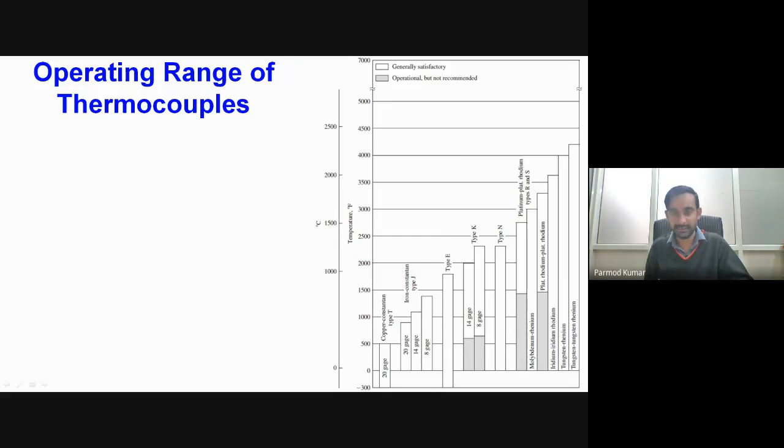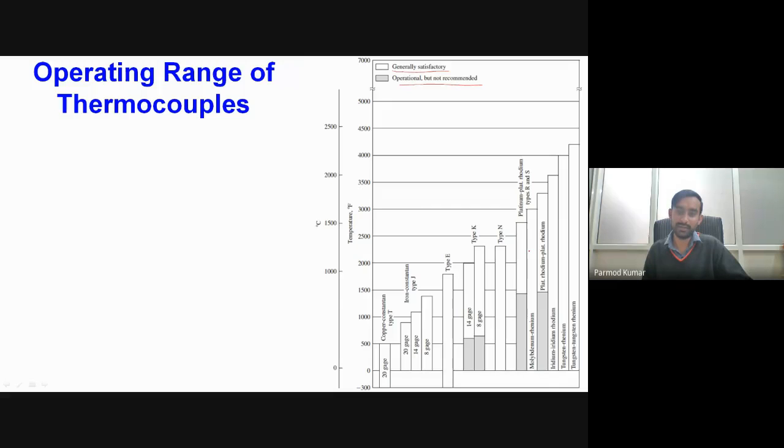You can see we have T type, J, E, K, the different types of thermocouples. We have given two types of ranges: one is generally satisfactory and the second is operational but not recommended. Wherever we have this white range, in this particular range our thermocouple will give satisfactory operation.